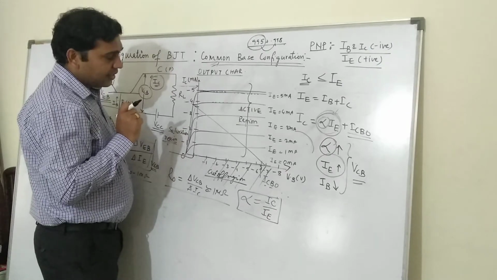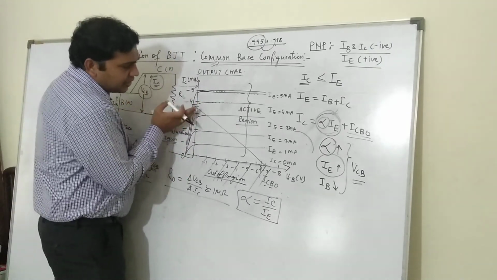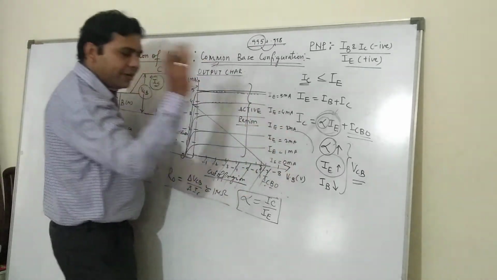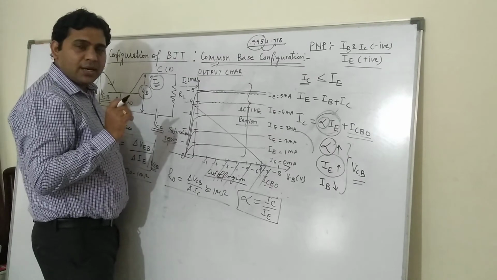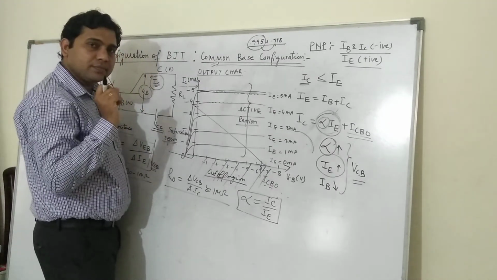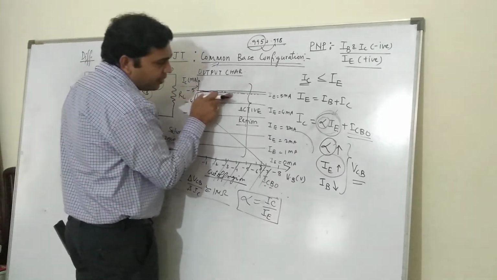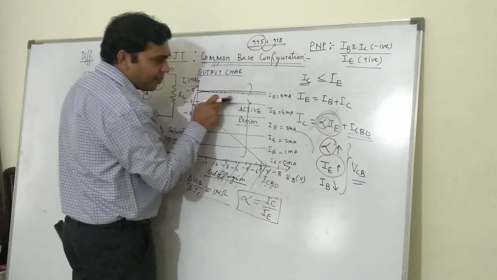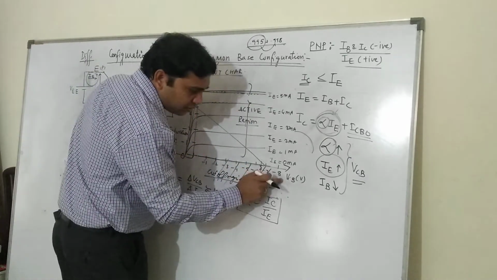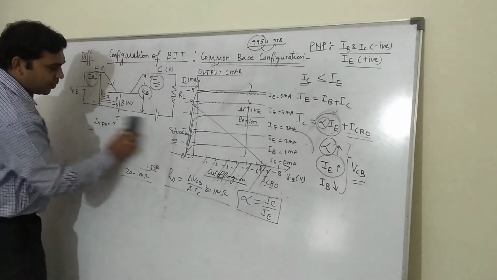The characteristic shows that the current is almost constant with any voltage. This property is very similar to what? Can you guess? If the current of a particular device is almost constant with respect to the voltage, what do you think?